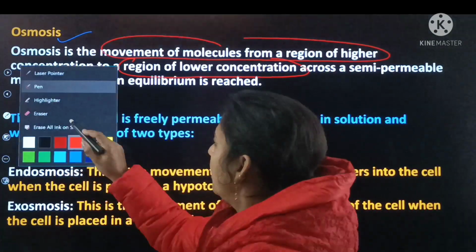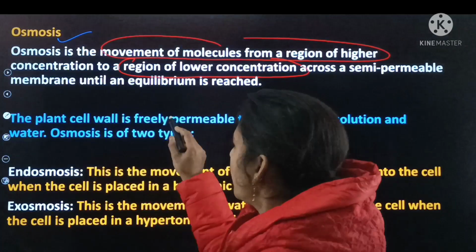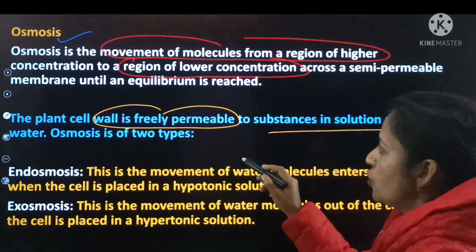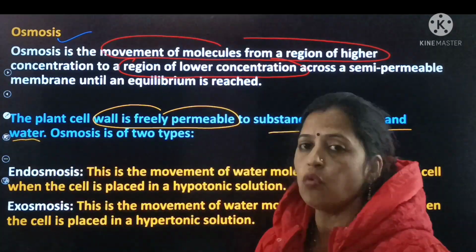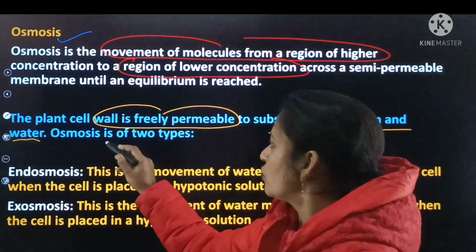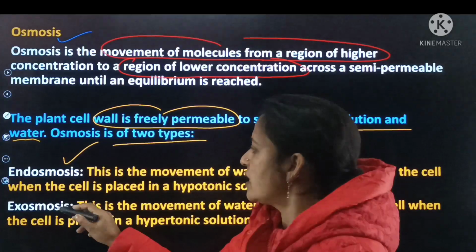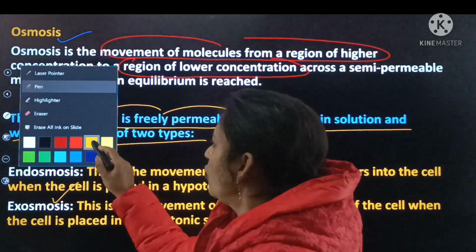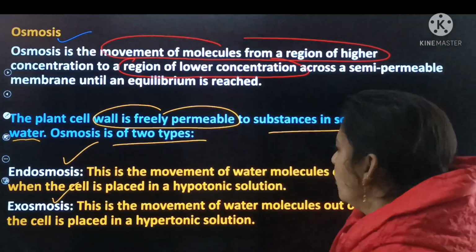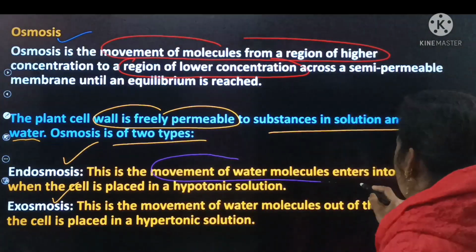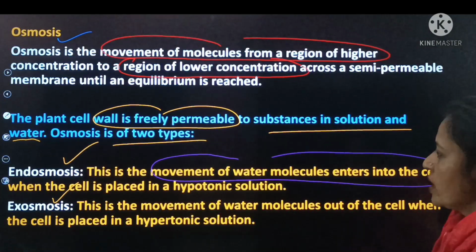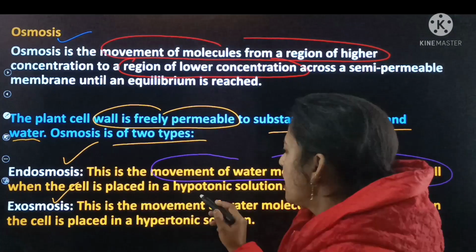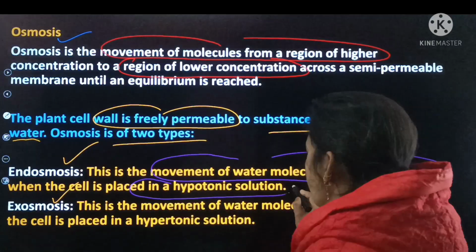The plant cell wall is freely permeable to substances in the solution, especially water. And osmosis is further of two types. One is the endoosmosis and the second one is the exoosmosis. Endoosmosis is the movement of the water molecules that enters into the cell when the cell is placed in hypotonic solution.